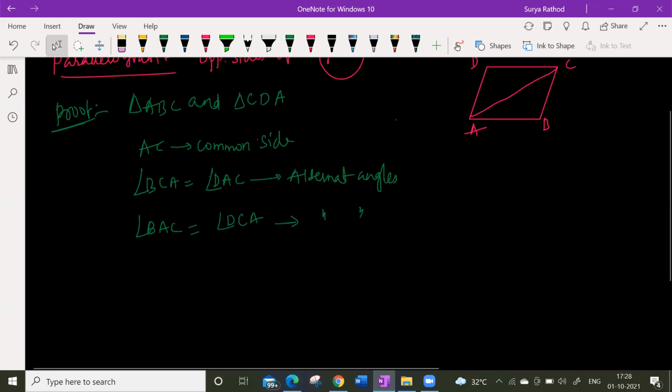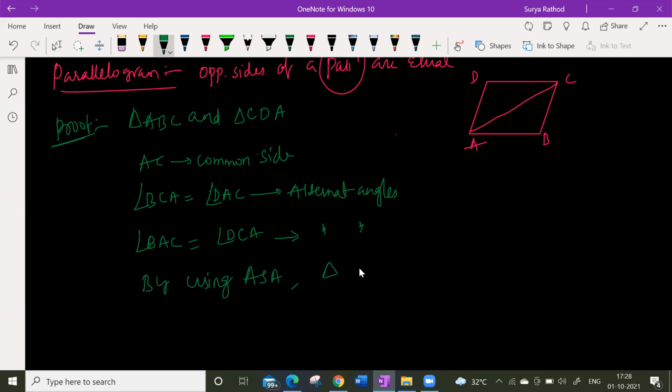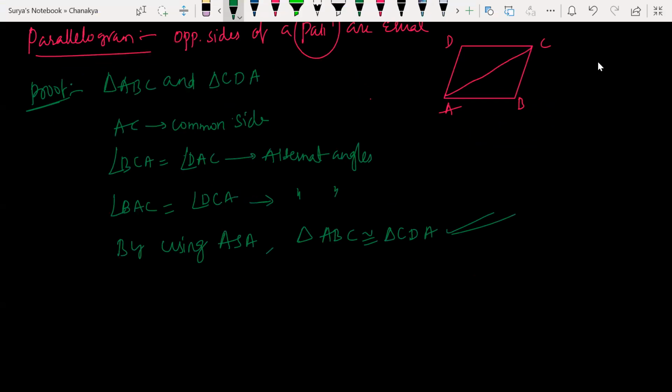You can say two angles I have here, angle, side, angle. Triangle ABC is congruent to triangle CDA. Very simple. So here what is opposite sides? Opposite sides of a parallelogram are equal, I said. So now these two will be equal. AB is equal to DC and AD is equal to BC, just by using CPCT.